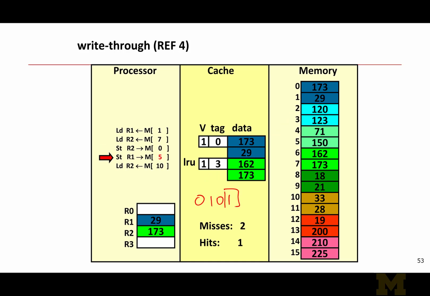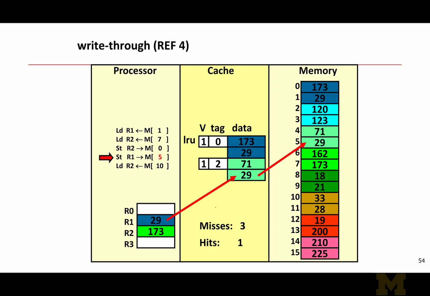The block offset is 1, tag is 2. Now this is not present in my cache, so this would be a store miss. I'm going to follow a write allocate policy, so I'm going to bring in that data into the cache corresponding to the block address 5.